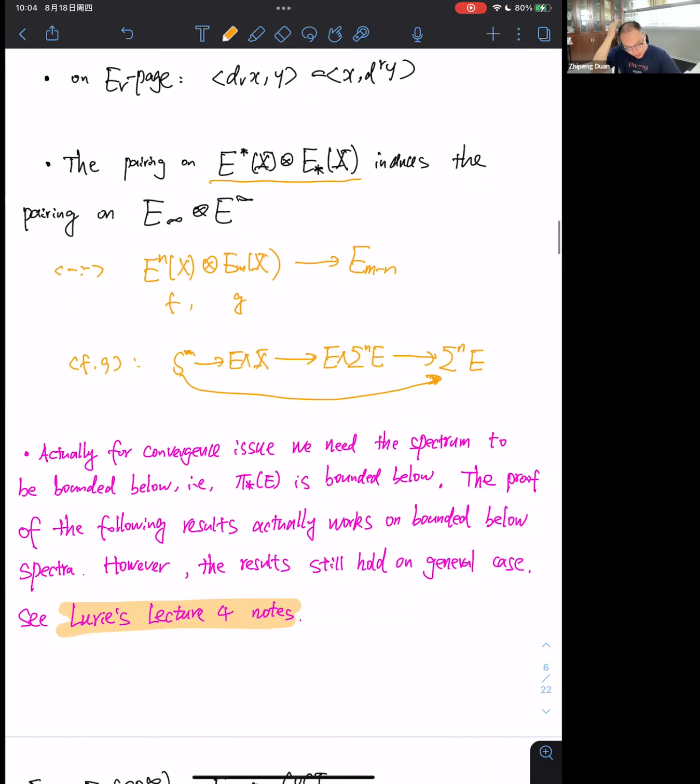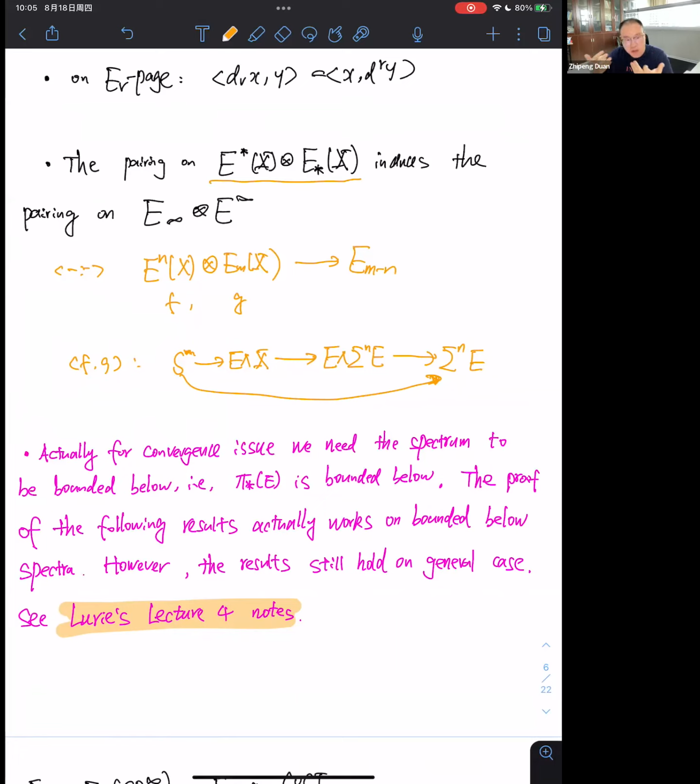In the following I will prove several results using the pairing between the homological and cohomological spectral sequences. My argument works for the case of a bounded below spectrum, but the results I prove still work in the general case.